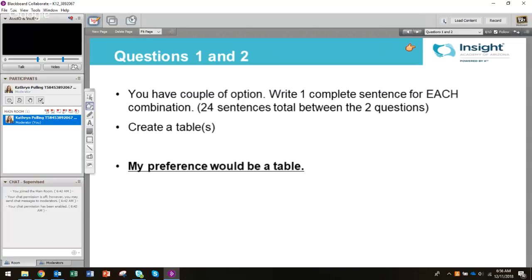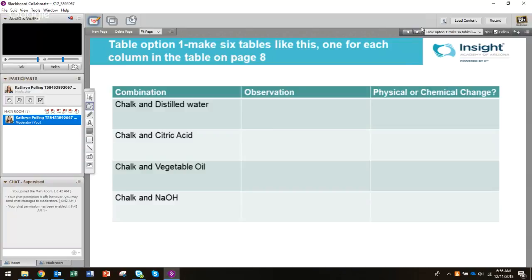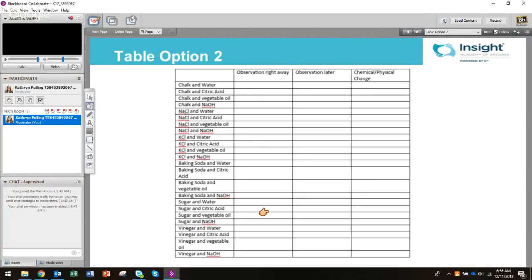But if you don't use a table, better use complete sentences. All right, so there's tables like this. You can also make one big giant table that has all of them in there. All right, whatever works for you. I definitely prefer the table over a bunch of sentences, but you can write sentences too. Just know if I don't see all 24 pairs, there's going to be points lost, okay?